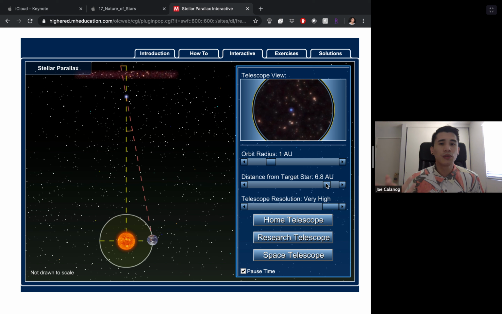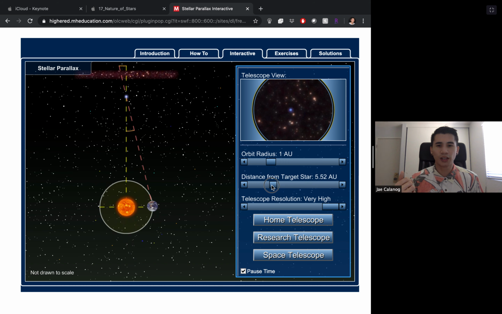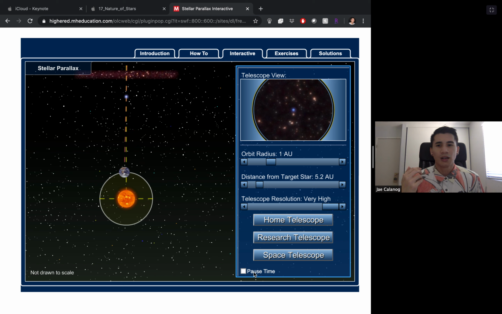Now if I move this star closer, meaning I'm shifting the location of our solar system here, let's move it a lot closer. Now let's unpause the time again and see the difference in terms of the background, how much it will change.